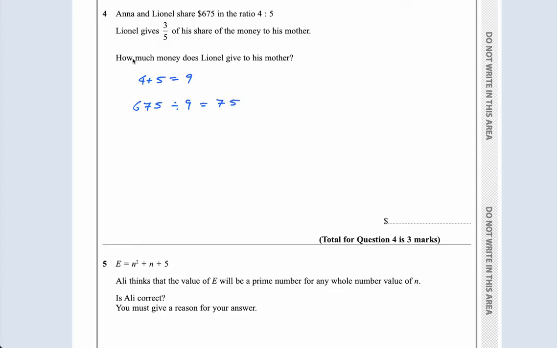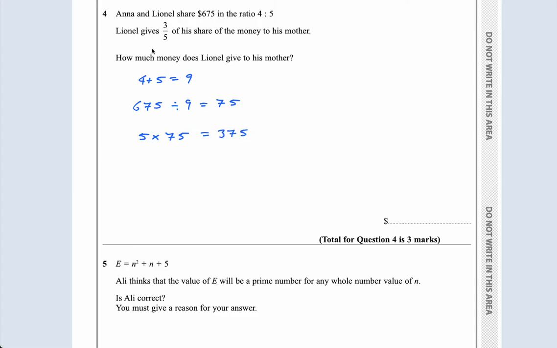And then it says, hang on a second, Lionel gives 3/5 of his share to his mother, right? So wait a second, let's get Lionel's share first. I'm going to do 5 times 75. That gives me 375. Again, use your calculator if you want.